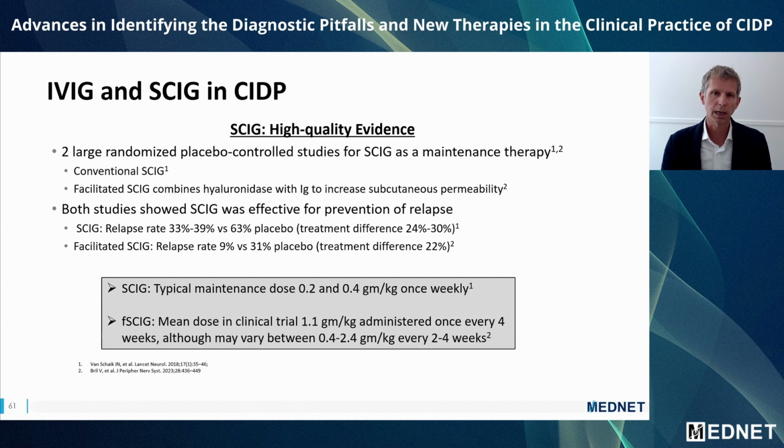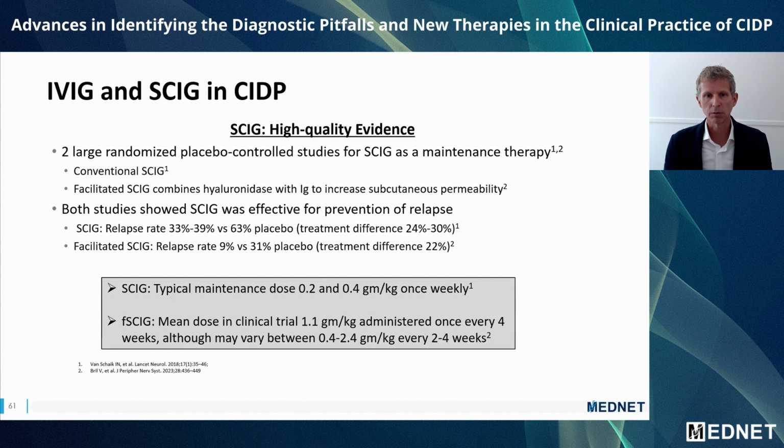And that combination with hyaluronidase allows you to essentially administer more subcutaneous IG under the skin at any one time. So you essentially can get IVIG-like doses of subcutaneous IG administered at a frequency of every 3 to 4 weeks, whereas conventional subcutaneous IG is typically a smaller dose and administered more frequently, typically once per week.